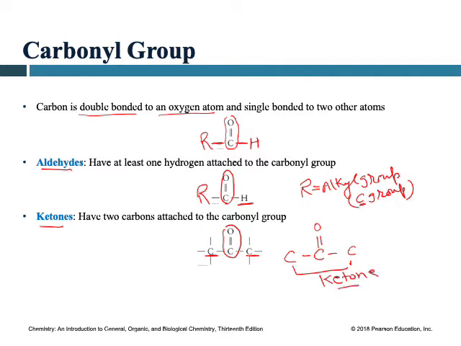So make sure you know the difference between the aldehyde functional group and the ketone group, because both of them have a carbonyl group. The only difference is that in aldehyde you have a hydrogen atom on one of the bonds, and in ketone you will have a carbon atom attached to both of the bonds on the carbonyl group.